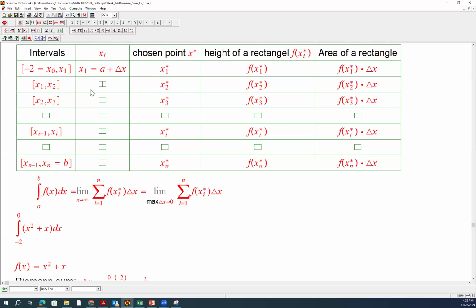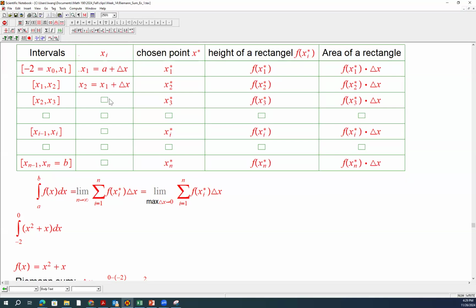And x sub 2 is x sub 1 plus delta x, right? But we already derived that formula, didn't we?